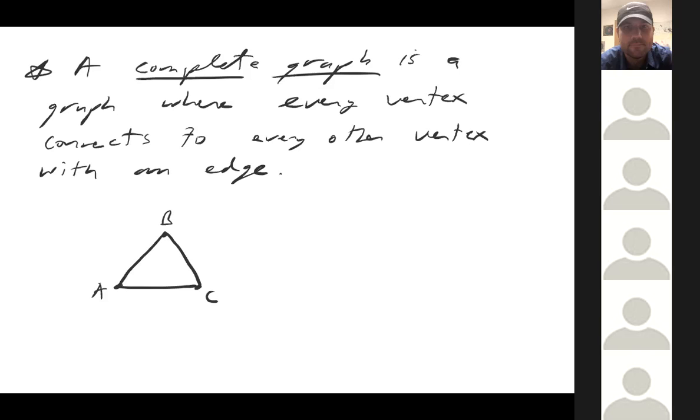Okay, as a square, if I make it into a square, that is not a complete graph as it is, because A doesn't connect to D, does it? It connects to B and C, but not D. So I need to draw this line right here to connect to D. And then I've got to draw this line to make sure they're all connected to the same thing.